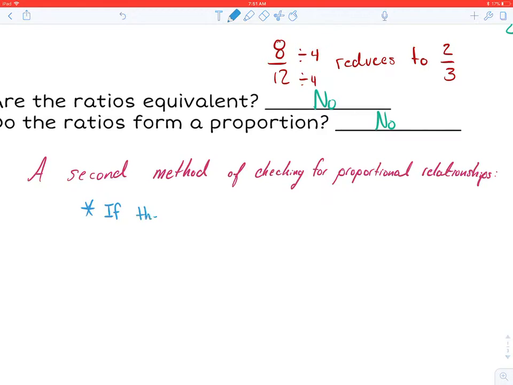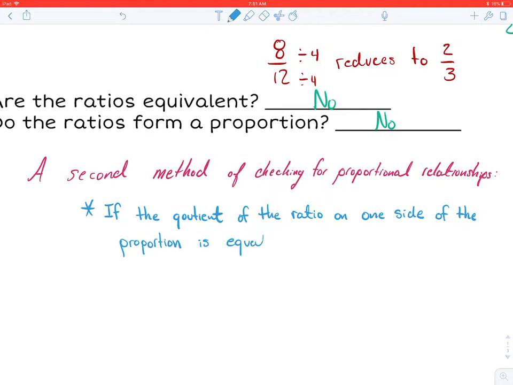So if the quotient of the ratio on one side of the proportion is equal to the quotient.